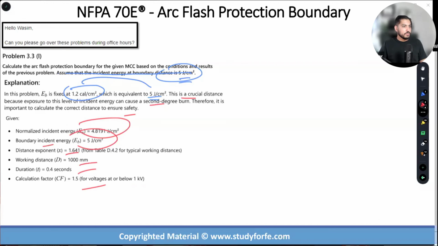I'm going to test you directly with 3.3L, correct? Right? Because in order to solve 3.3L, you have to calculate E. In order to calculate E, you have to calculate I subscript A, correct?